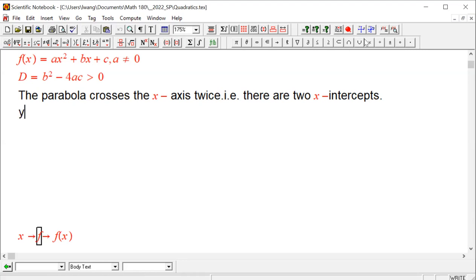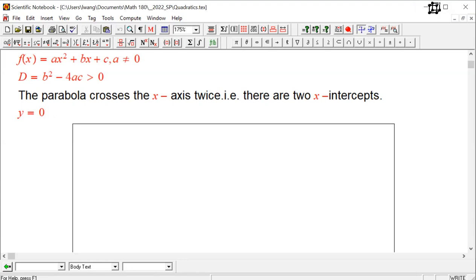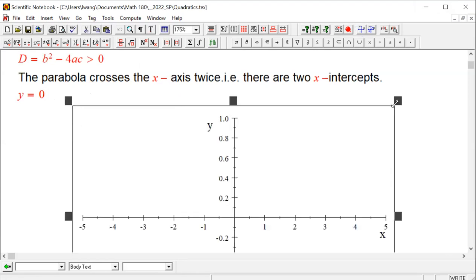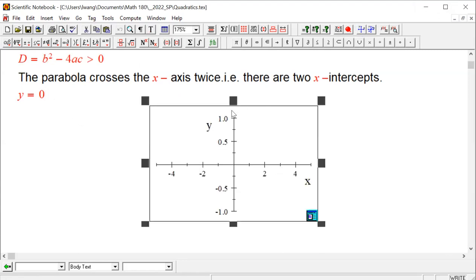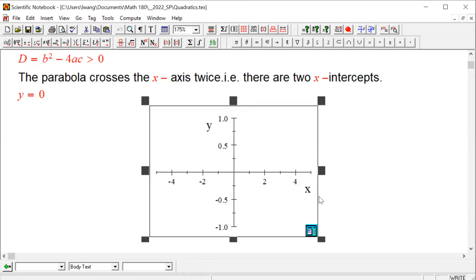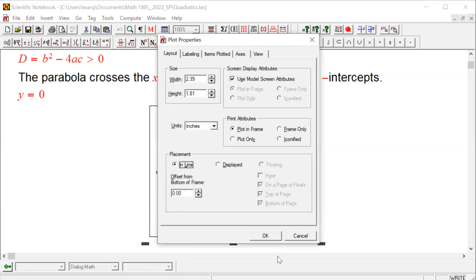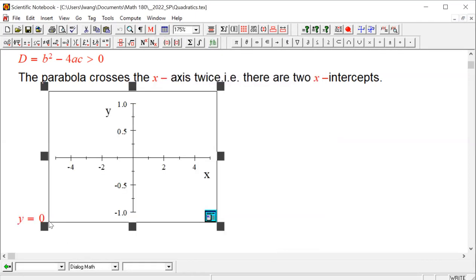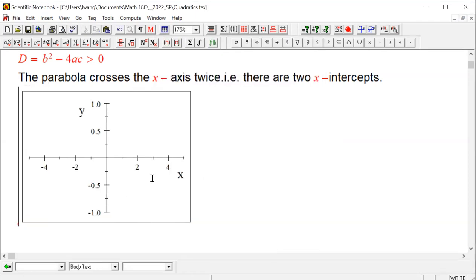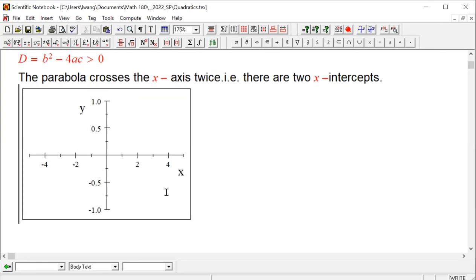Okay, so let's look at these concrete cases. Now we're going to see the cases where the parabola crosses the x-axis twice. In one of the cases, it opens up. So we could totally have a quadratic function that opens up.